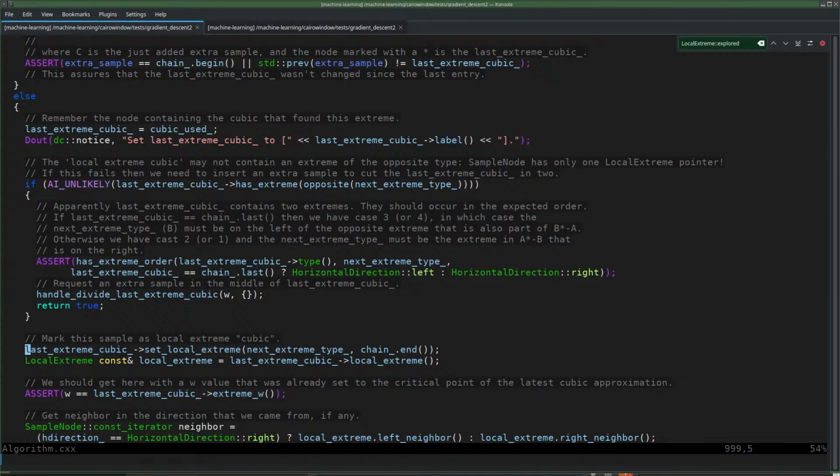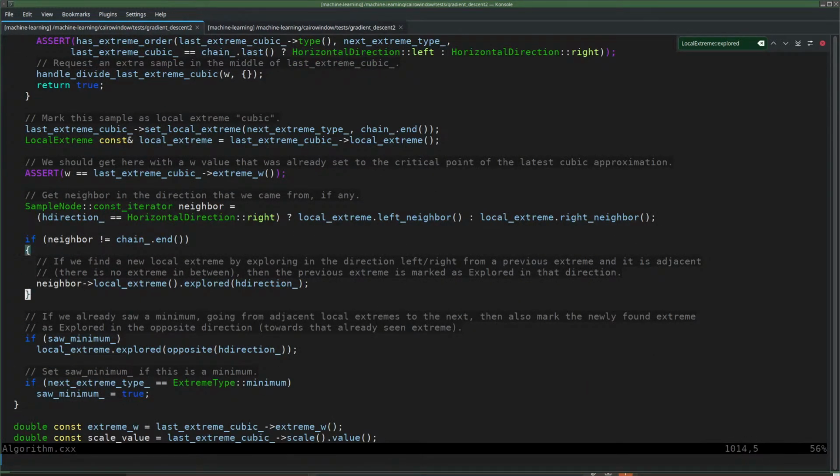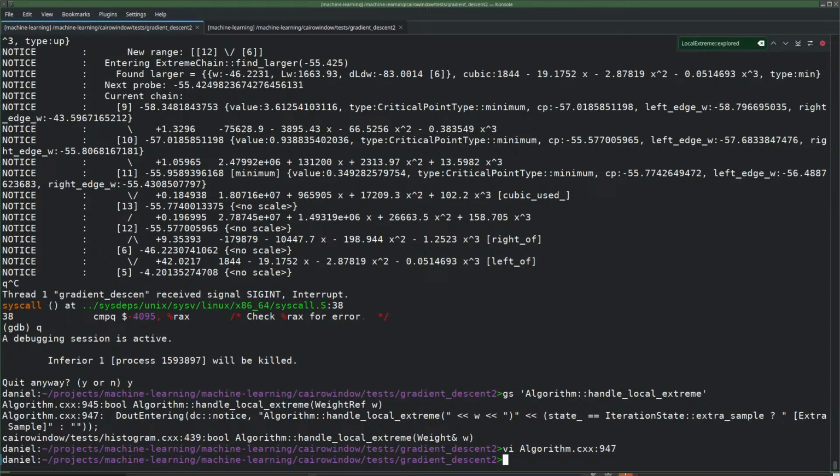Mark it as a local extreme. We find the neighbor in the direction where we came from, and we mark it as explored, except that we don't. Weird, yes, totally weird. You have to debug this because it should have happened.